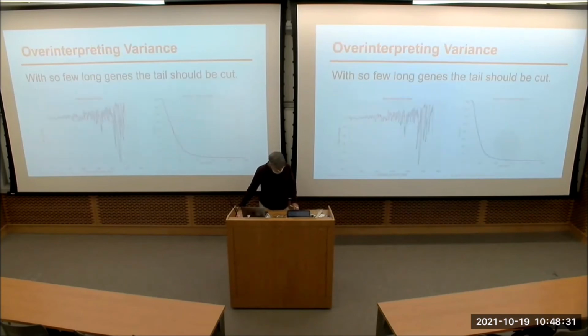But what's the truth? If we plot a cumulative distribution of the number of genes of length such and such, okay, what do we see? There are a lot of genes that are short. This many genes are all less than 200. This is less than 100. What happens by the time we get to 1,000?